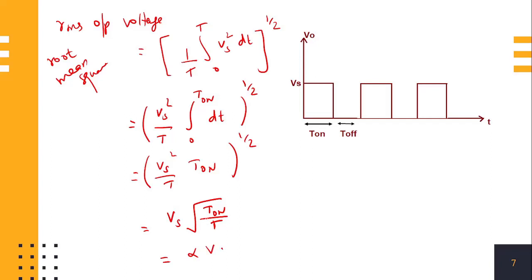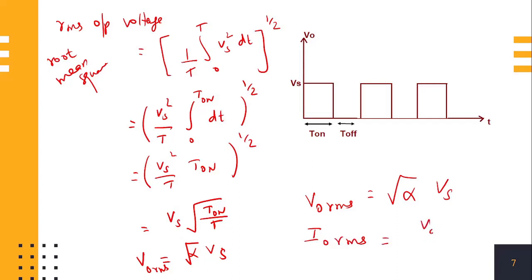So the output RMS voltage V naught RMS is equal to square root of alpha into Vs. Similarly, we can also calculate I naught RMS, which is equal to V naught RMS divided by R.